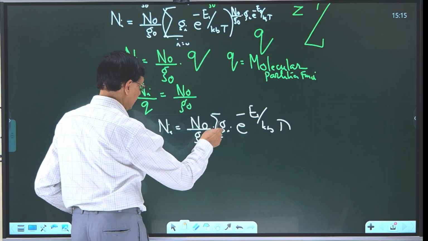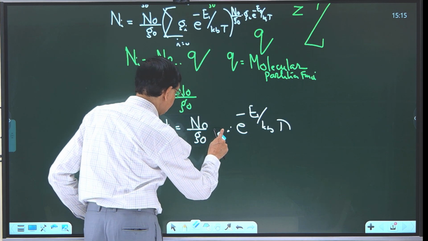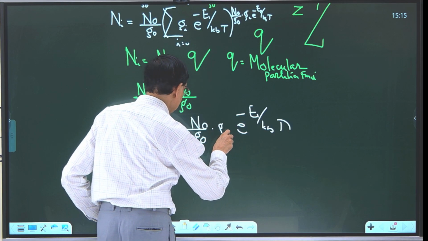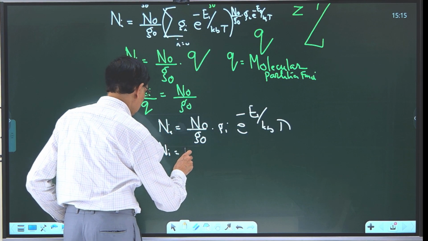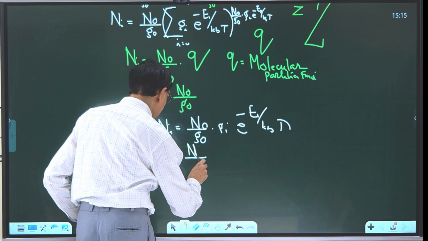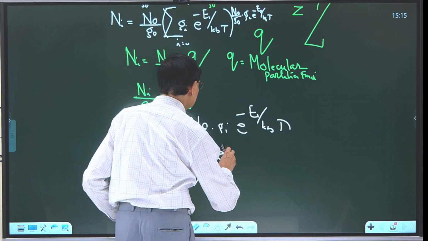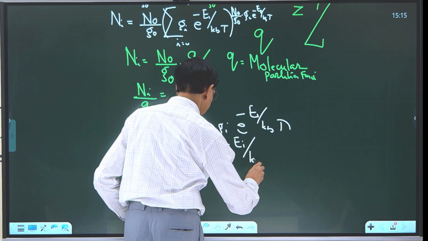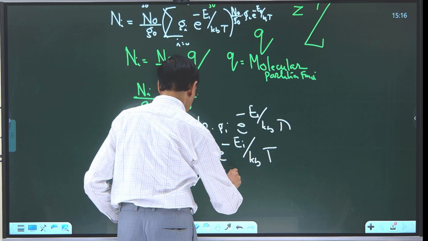So I can write, I should not write the summation here. Ni is equal to N by Q exponential minus Ei by kBT.